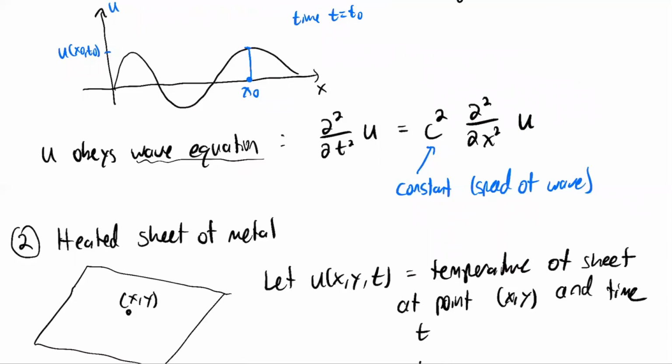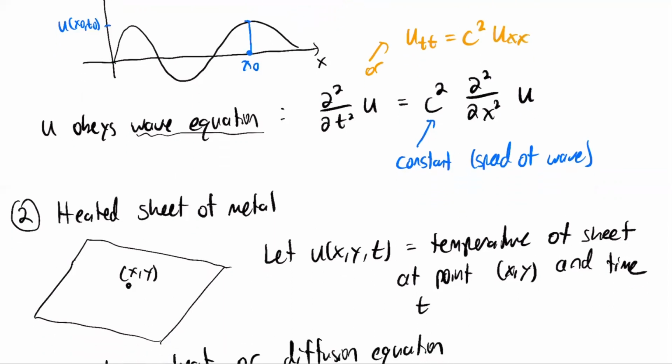So instead of d squared dt squared, people, including the author of our textbook, will often write this as u_tt, which is shorthand for the second derivative of u with respect to t, is equal to c squared u_xx, right?